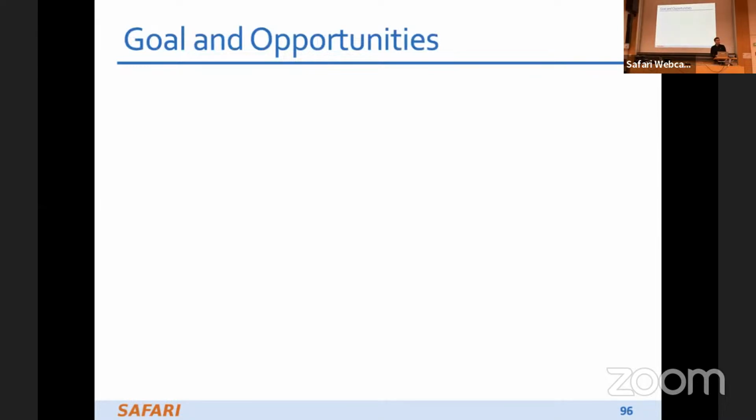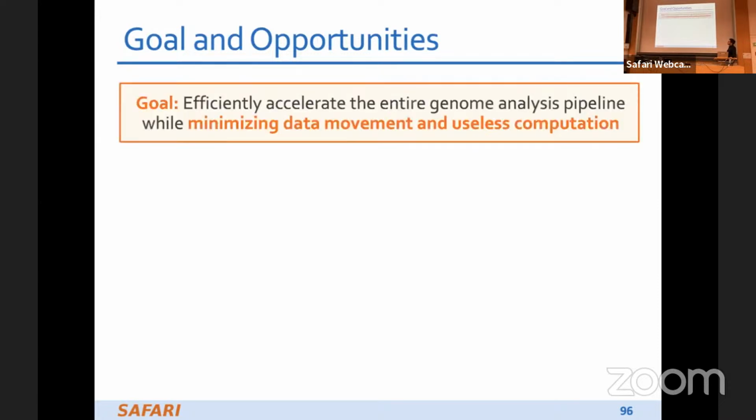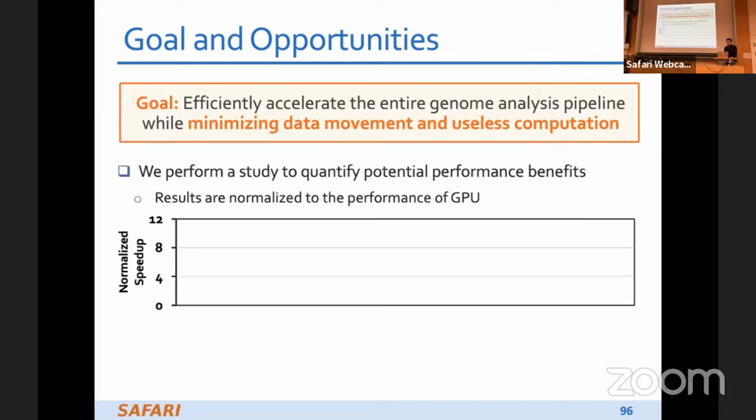So we try to understand whether there is an opportunity to tackle this problem. Our goal is to efficiently accelerate the entire genome analysis pipeline, starting from base calling up until maybe variant calling or read mapping, by minimizing the data movement and useless computational movement.